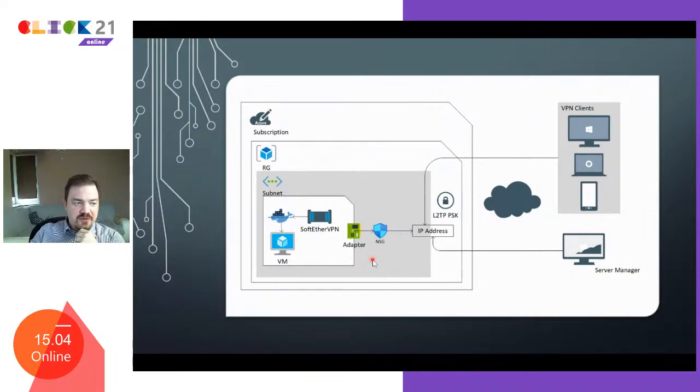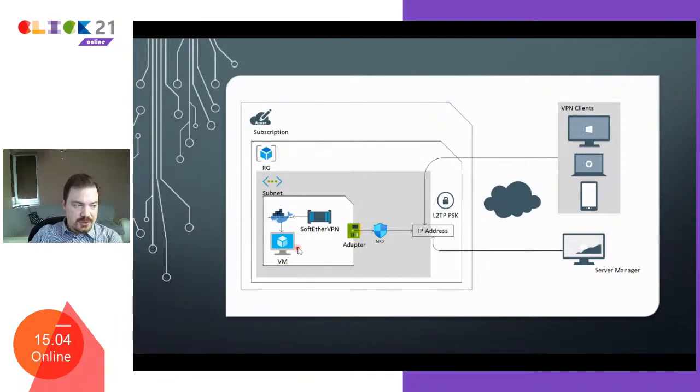As the actual VPN server application, I would use SoftEther VPN because it is a free and pretty powerful application with a separate server manager, console, and command line you can use. Also, it is available in the Docker Hub. So this is the image we're going to use in this demo.